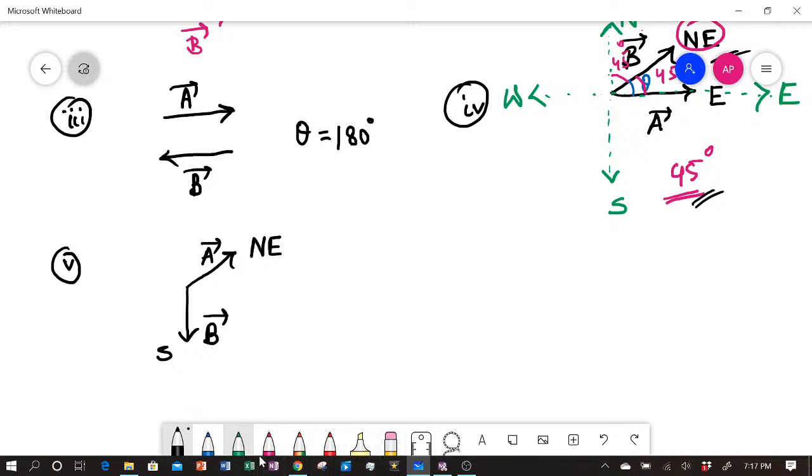Then what would be the angle between A vector and B vector? Theta. How much would be theta? If A vector is along northeast direction and B vector along south direction, then how much would be theta? Please tell me.